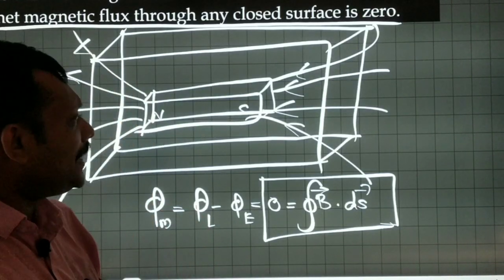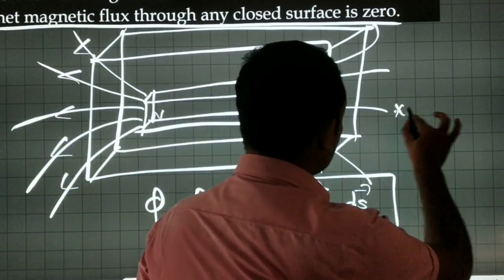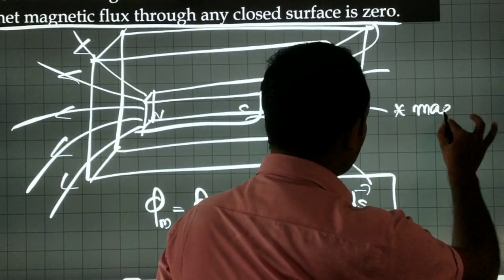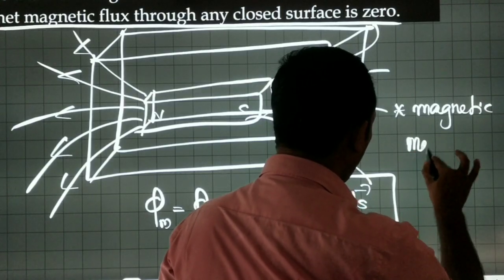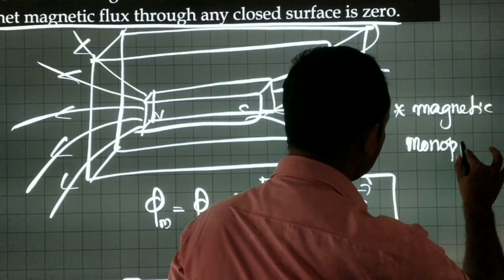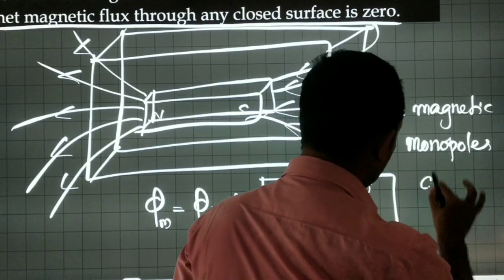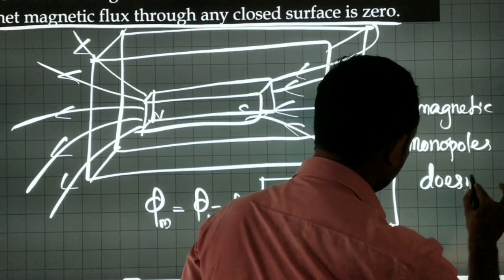Okay. That means this law can also be said like this: magnetic monopoles do not exist.